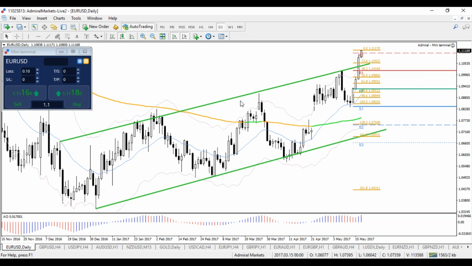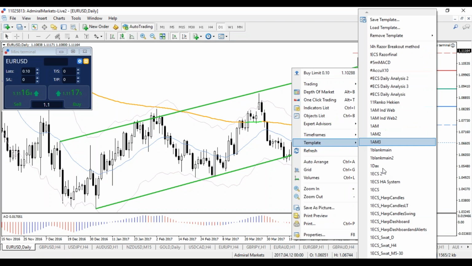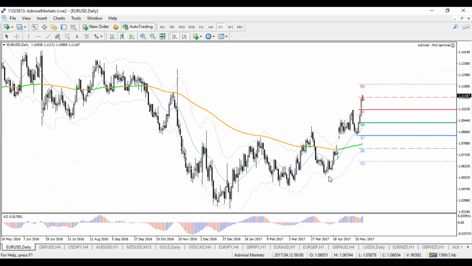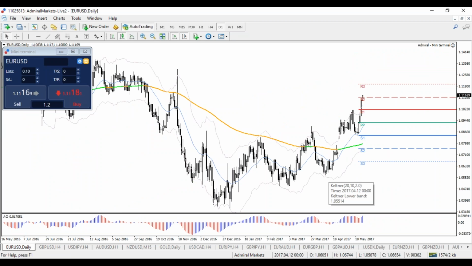One of the reasons why I use this template, the standard template I show you, is one moving average, one Keltner, one pivot point, one oscillator, and the mini terminal. Anything more, I feel, could be too much information and might just confuse people who join for the first time.